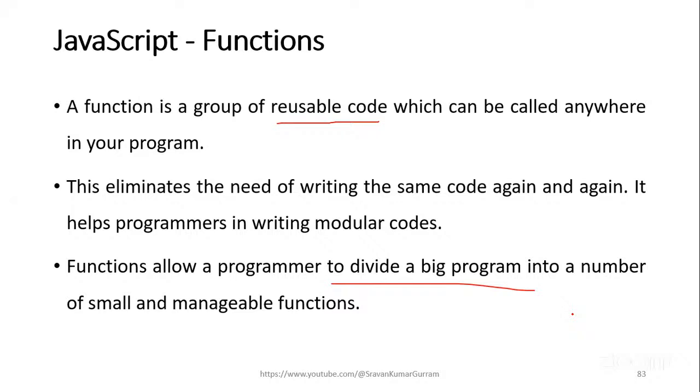For example, if you have an error, it is very difficult to find the error and correct it. So that's why in real time, generally a big task or project is divided into modules. And to implement each and every module, we use several functions. For example, if you are working with any ERP applications, enterprise resource applications, like banking applications.